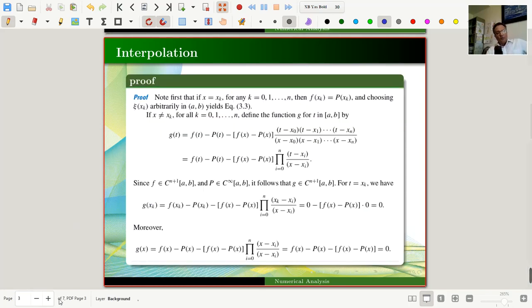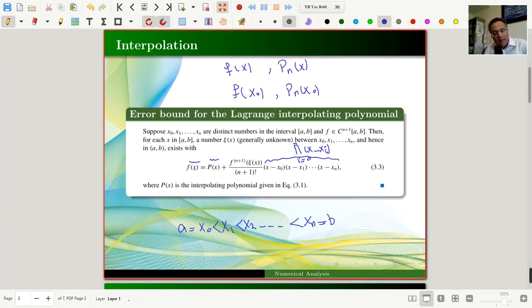For the proof, we note that if x is equal to xk for any k equal to 0, 1 to n, then f(xk) equals P(xk).